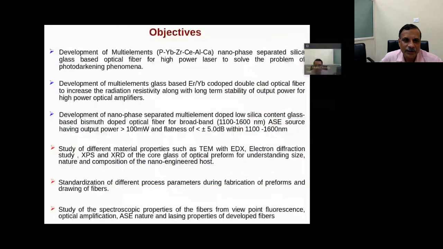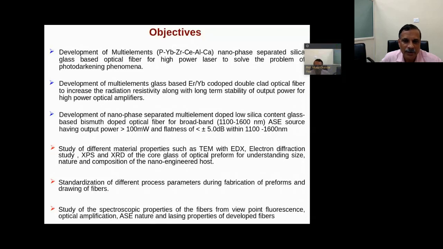My objective is development of multi-element nanophase separated fiber for high power laser to solve the problem of the photodarkening phenomenon, and development of multi-element glass-based erbium ytterbium doped fiber to increase the radiation resistivity along with long-term stability of the output power for high power optical amplifier.